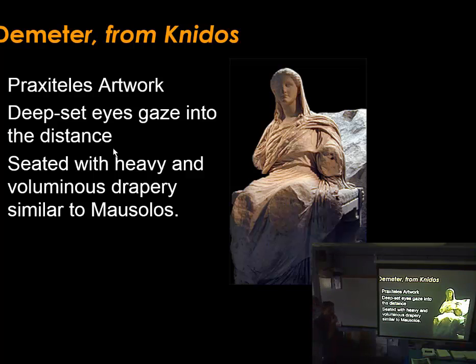Praxiteles, though, will also have, when he describes other gods like Apollo and Aphrodite, an interest in this characteristic of softness, this characteristic beauty. But because it's the late period, that heavy drapery is going to be prominent when they are sculpting clothing. This is the Demeter from Knidos.